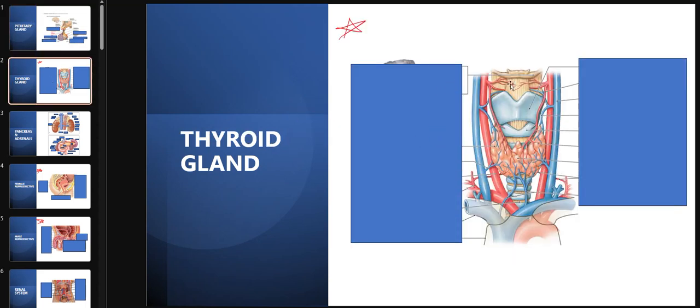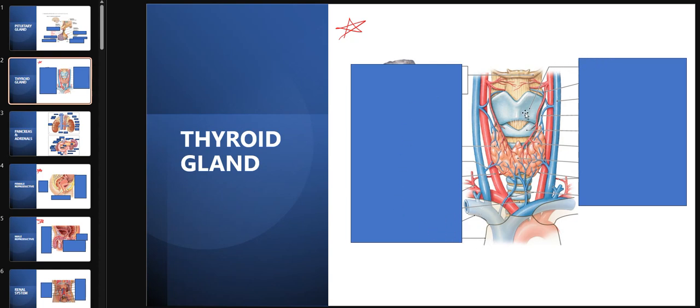Thyroid gland, we have the hyoid bone, the right lobe of thyroid gland, middle thyroid vein, the right common carotid artery, the thyroid cervical trunk, the trachea, outline of clavicle, outline of sternum.